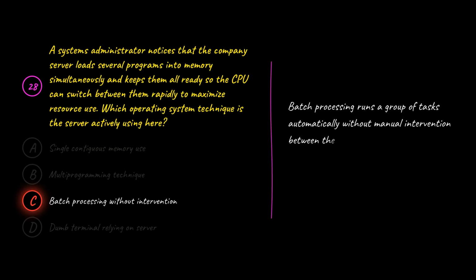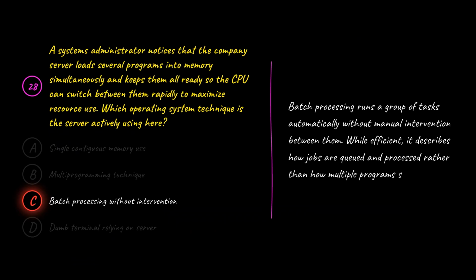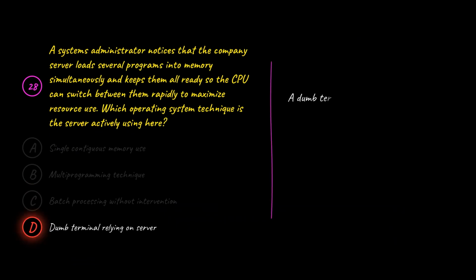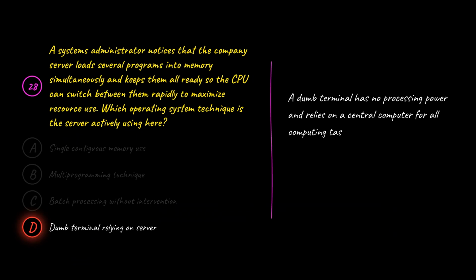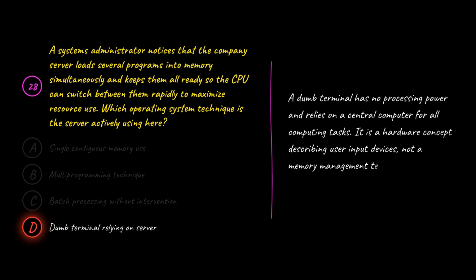While efficient, it describes how jobs are queued and processed rather than how multiple programs share memory and CPU time concurrently. D is wrong because a dumb terminal has no processing power and relies on a central computer for all computing tasks. It is a hardware concept describing user input devices, not a memory management technique used by the server.